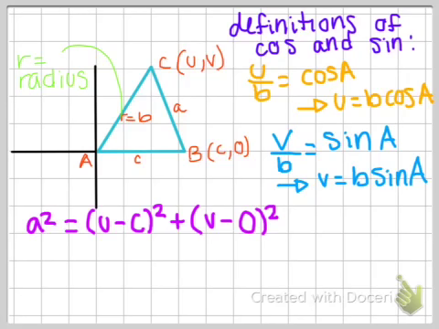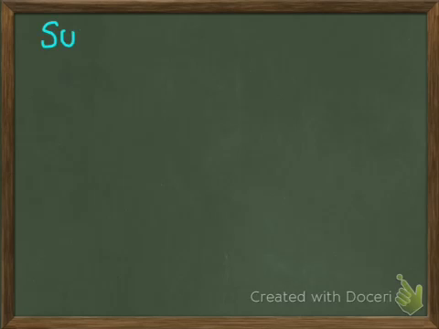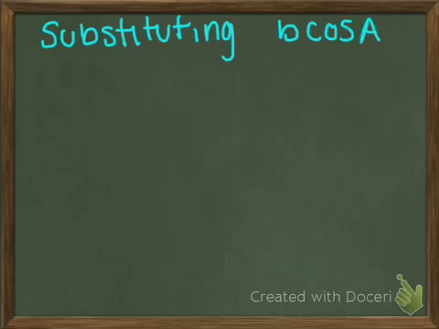And because we have a new value for v and u, we're able to plug what they're equal to into the equation. And then now we substitute. All right, so for the equation, we can draw the equation.